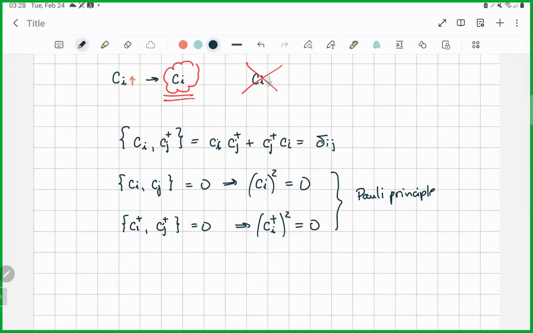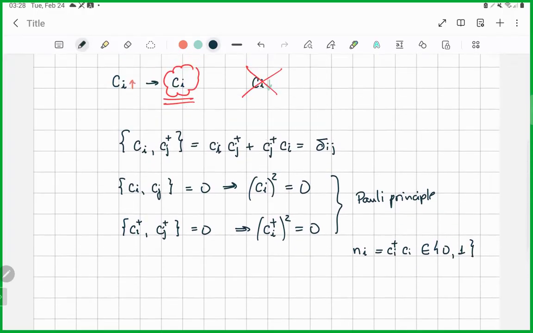What these relations are telling us is that the number operator will give us either 0, which means the site is empty, or 1, the site is occupied with a single fermion.